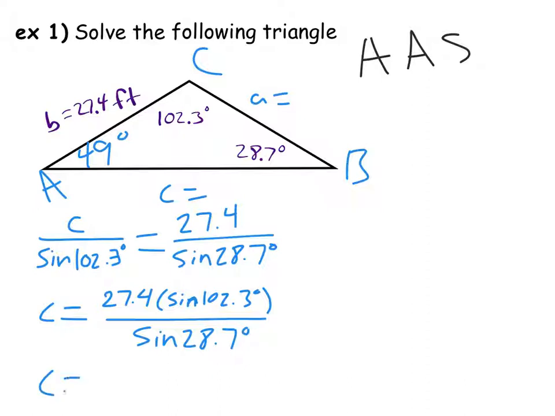But when you put all that in and the smoke clears, as they say, you'll have side C. I'm just going to go to the nearest tenth. Make sure your calculator's in degree mode, but you should see it's about 55.7 feet. So we got C, and all that remains is A.